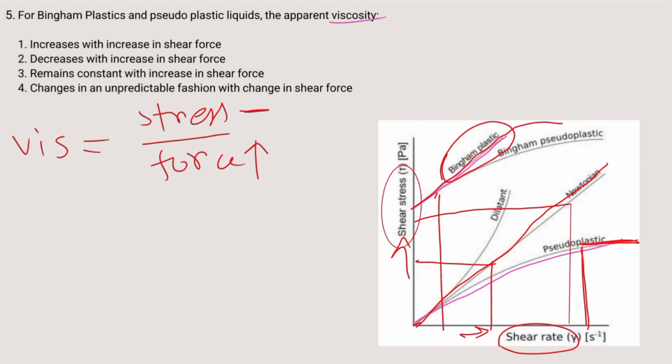When no force has been applied, the pseudoplastic will show relatively less viscosity, whereas the Bingham plastic will have very high viscosity even when the shear rate or force is very low.